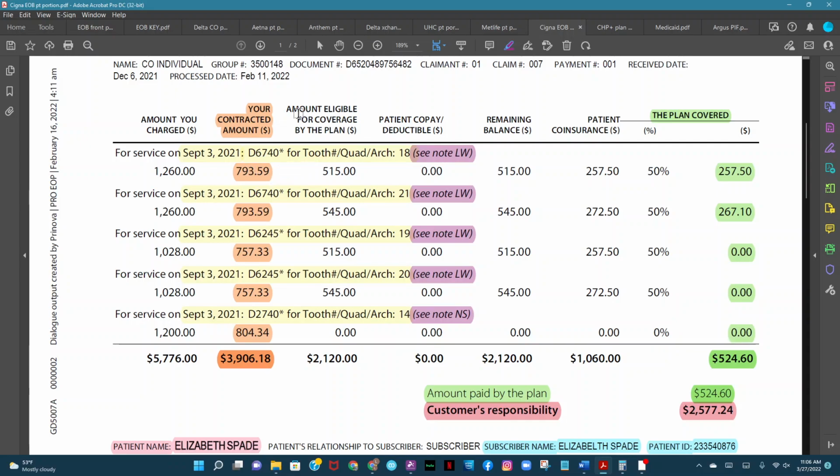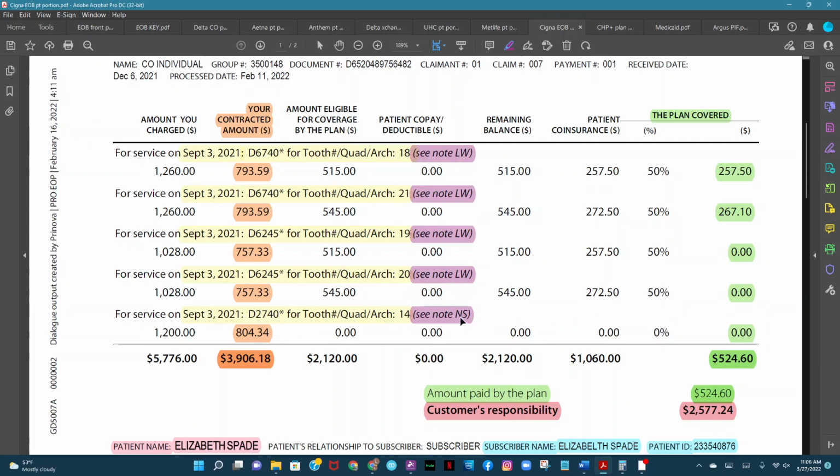As you can see in the next one over, amount eligible for coverage by the plan, and you can see over here what the plan covered. As you can see, on this bottom line down here, nothing is eligible for coverage and insurance didn't pay anything. So in this instance, for this specific type of EOB, this code down here is not actually included in the amount paid or the customer responsibility because there is a denial on this code, okay?